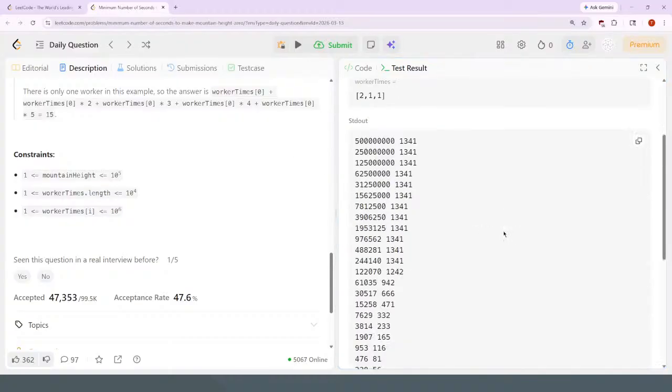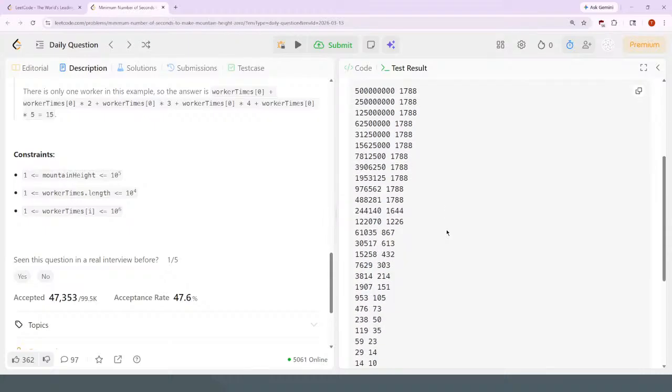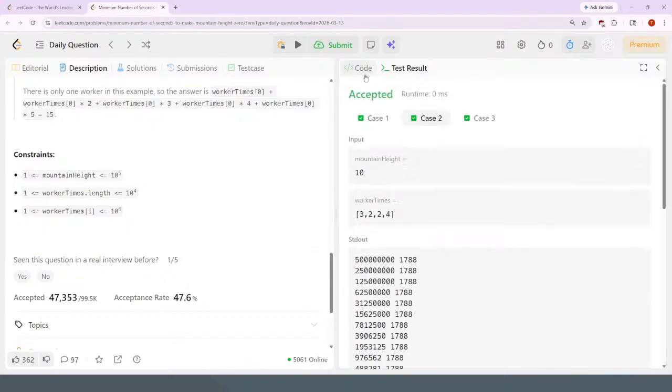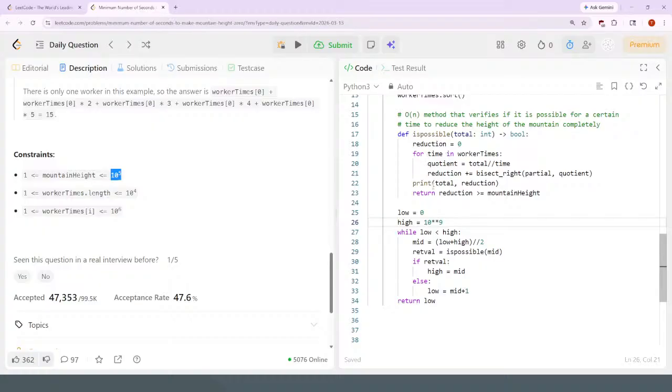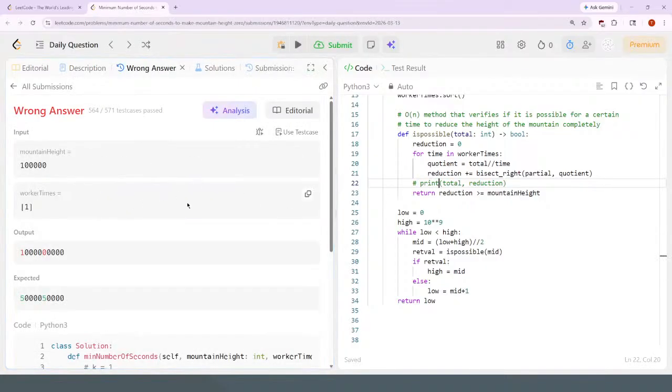Okay, well, that did definitely clear it. What is a more reasonable guess than 10 to the 9th? 10 to the 5th, in the worst case. Alright, I'm just going to try submitting this and see how it goes. Goes wrong.